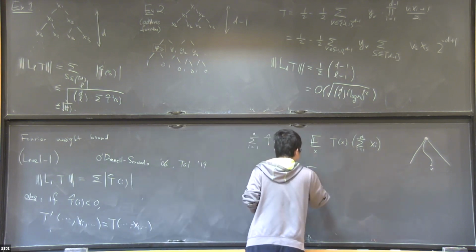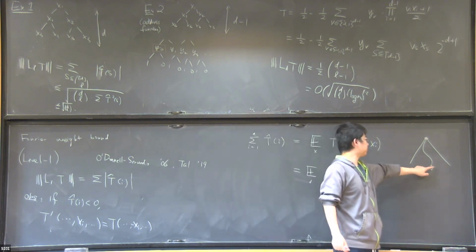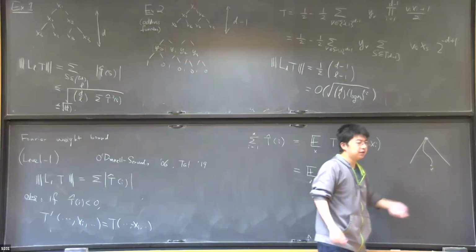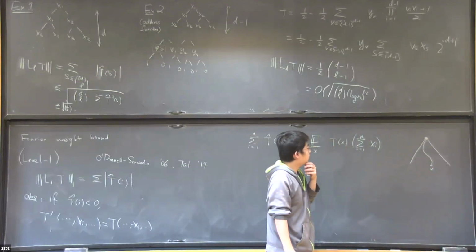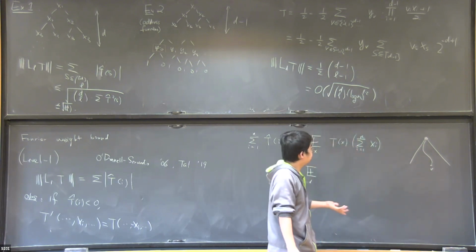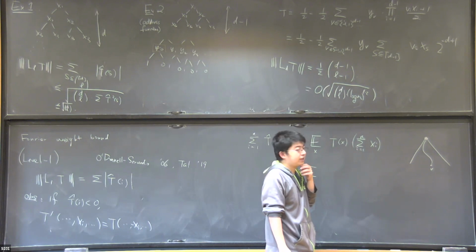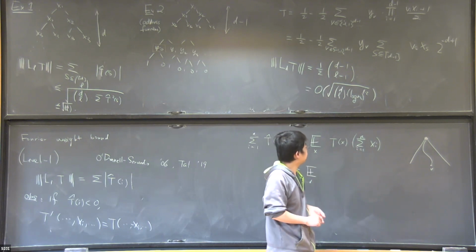Say you sampled the subcube specified by this leaf. Then variables that are not queried along this path do not affect the output, so they are uncorrelated with your output. They are irrelevant, and they contribute nothing.